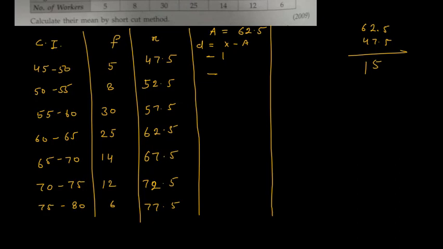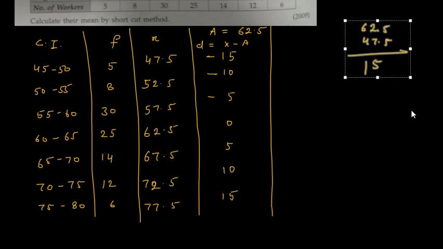So this is minus 15, then this is minus 10, and now it is easy: you will get minus 5 here, 0 here, then plus 5, plus 10, and plus 15.